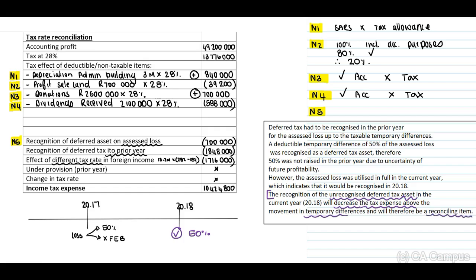Now, the recognition of a deferred tax asset, we will debit the deferred tax asset and credit our deferred tax in our profit or loss. Therefore, they indicate to us the recognition of the unrecognized deferred tax asset will decrease the tax expense.